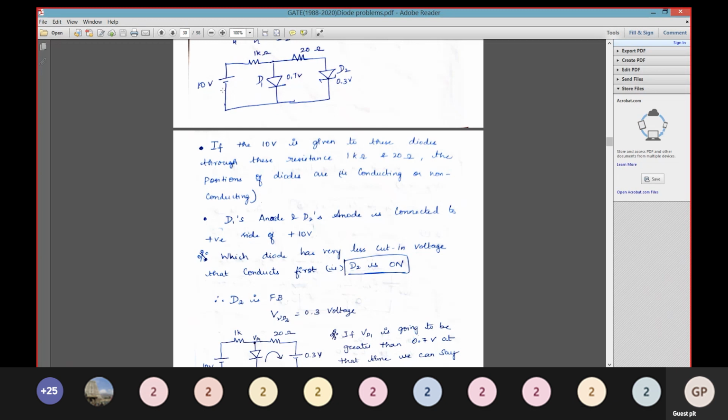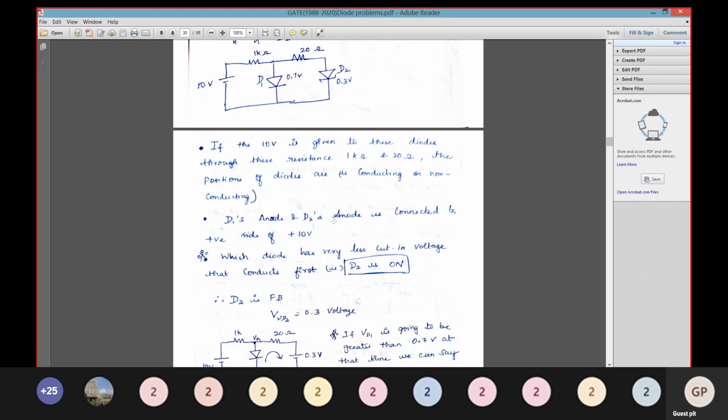If you switch on the voltage, it rises 0.1, 0.2, 0.3, so you reach 0.3 first. Which diode conducts first? Since 0.3 is reached first, the Schottky diode is on first. That is, D2 is on. That is what I have written over here.